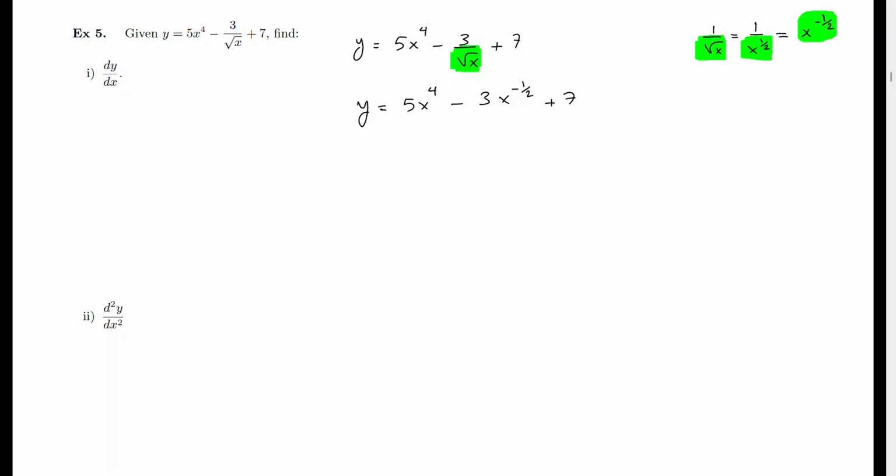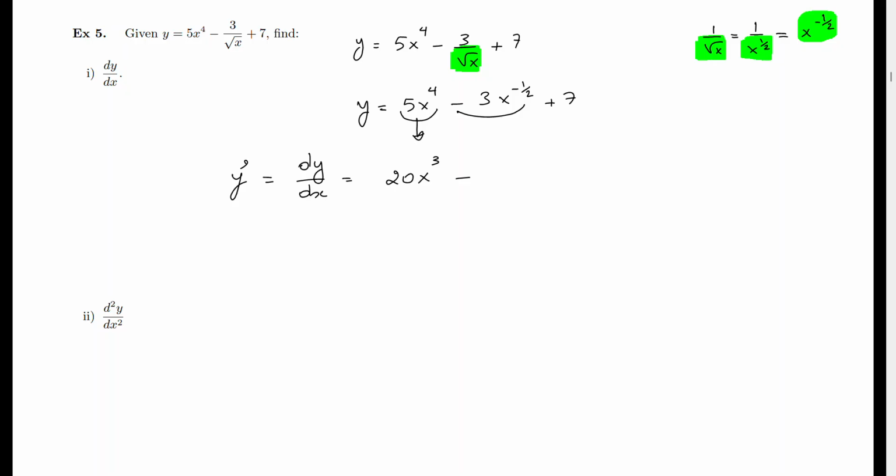And keep in mind, this is the original problem, so now let's look for the derivative. So dy over dx, also known as y prime, or the first derivative. What's the derivative of 5x to the fourth? Well, it's going to be 20x cubed. Then I need the derivative of 3x to the -1/2.